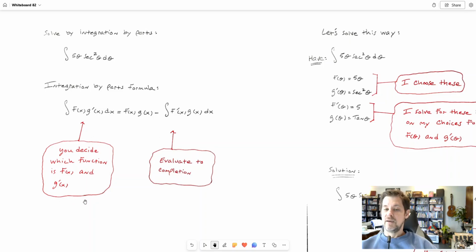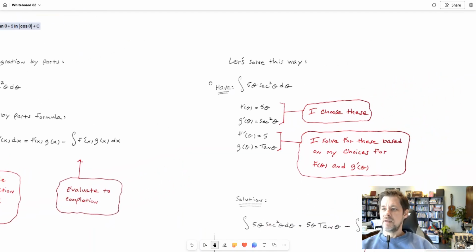I have to decide which function is f of x and which is g prime. Once I make that decision, the integration by parts formula plays out over here on the right-hand side, and I evaluate that to completion. I get my answer. All right, so that's the formula and the objective.